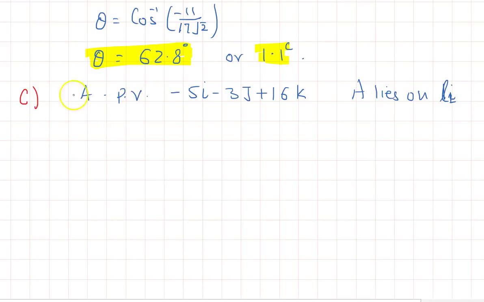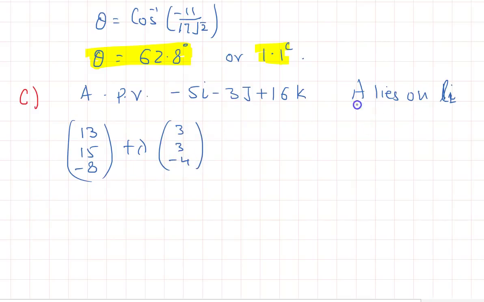So let's get the position vector of the first line, that was our 13, 15, minus 8 plus lambda 3, minus 4, 3. If A lies on it, it must be equal to minus 5, minus 3 and 16.